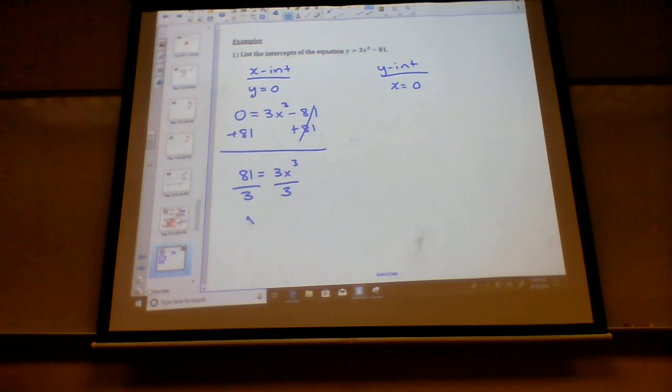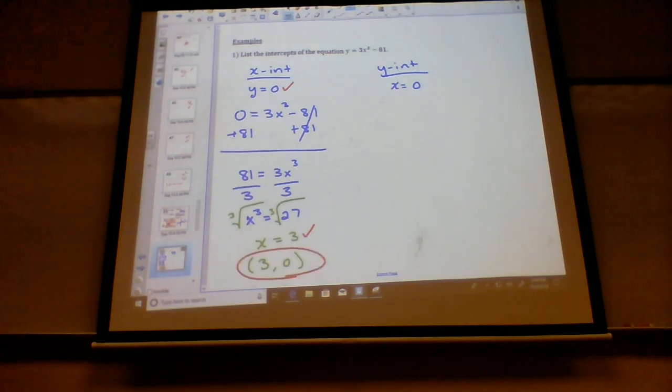Let's see, x^3 = 27, and then I take the cube root of both sides, and it's an odd root, so I don't need to do plus or minus, and the cube root of 27 is 3, so I get x = 3, and the actual intercept is (3, 0). That comes from an x value of 3 and a y value of 0. So I found my x-intercept.